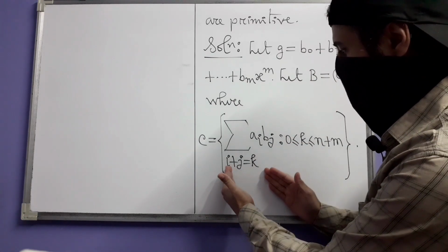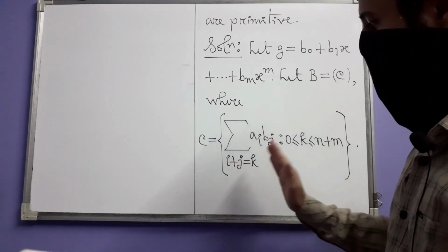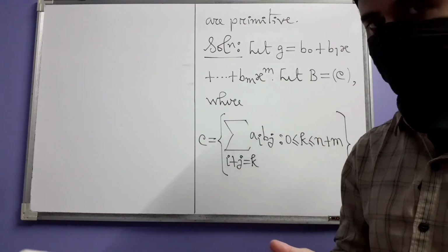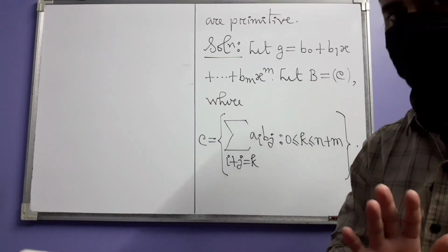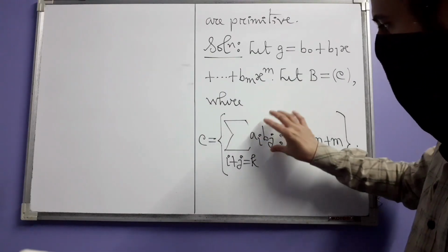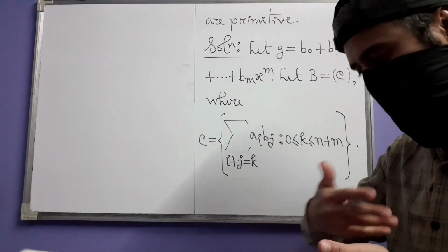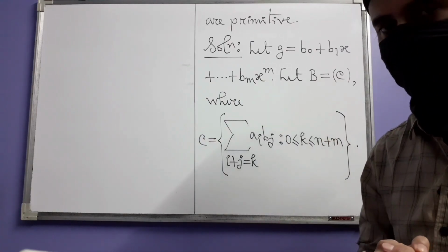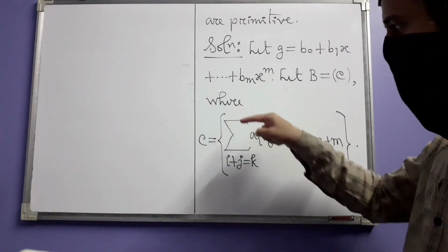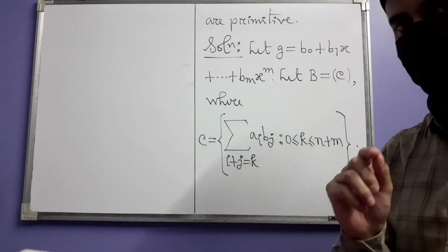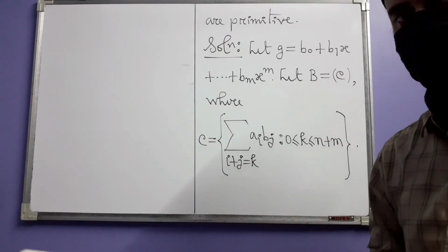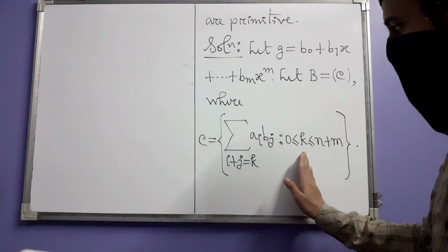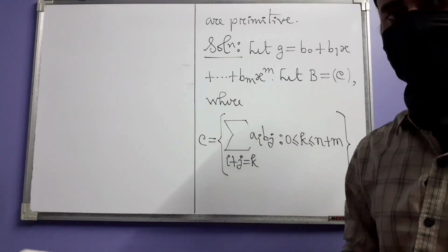Keeping i plus j equal to k, because you have already chosen k, all possible i and j have to be considered, and accordingly you will get these products and their sum is taken. That is one element of this set C. Just like that, you have other elements for the other choices of k. For any such k, you are getting one such element.